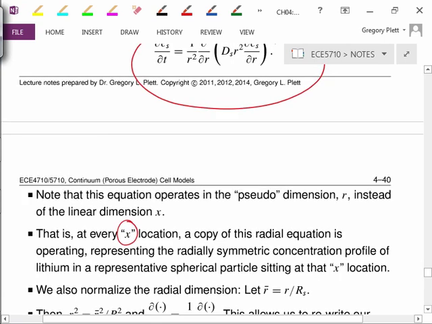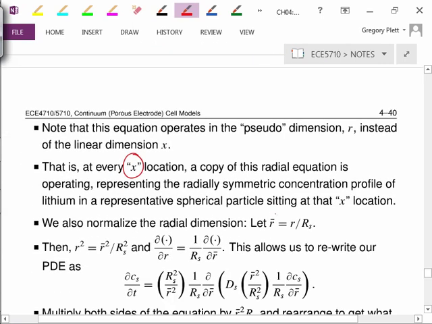When we're working with this equation, we also normalize the radial dimension to define an r bar equals the radial dimension divided by the maximum radius, the radius of the particle, rs, which means then, because r squared shows up in the equation, r squared is r bar squared divided by rs squared.